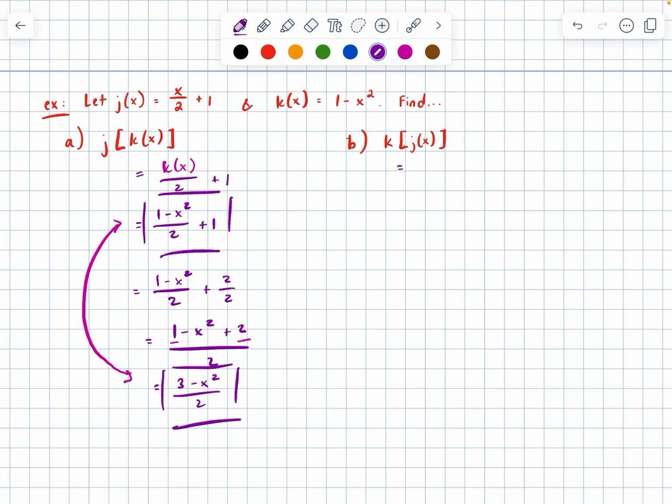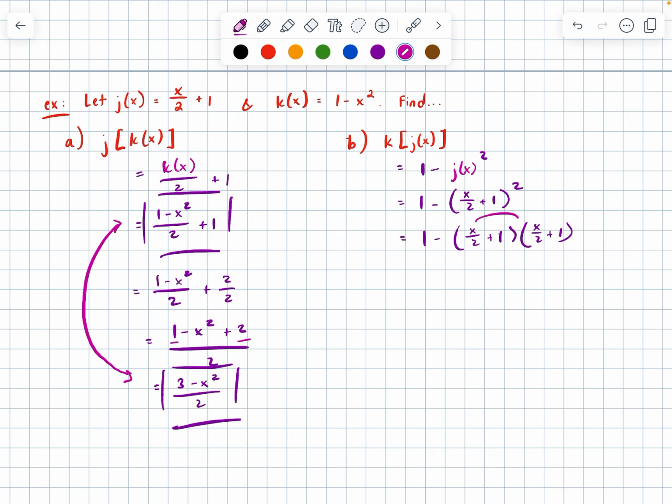Again, I'm taking the rule for k, and every time that I see x, I'm replacing it with j of x. So j of x is equal to x over 2 plus 1. When I substitute, it's often a good idea to use parentheses. Writing this out now, I see that this is going to be a good old classic case of met wet. So x over 2 plus 1 quantity squared really means x over 2 plus 1 times itself.